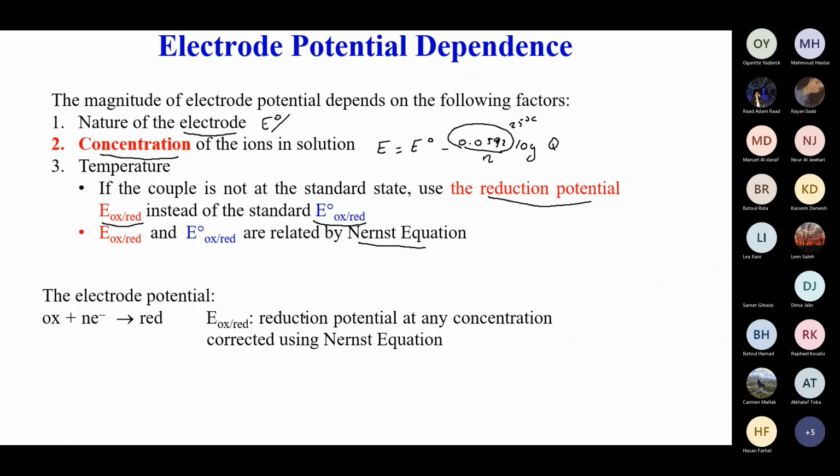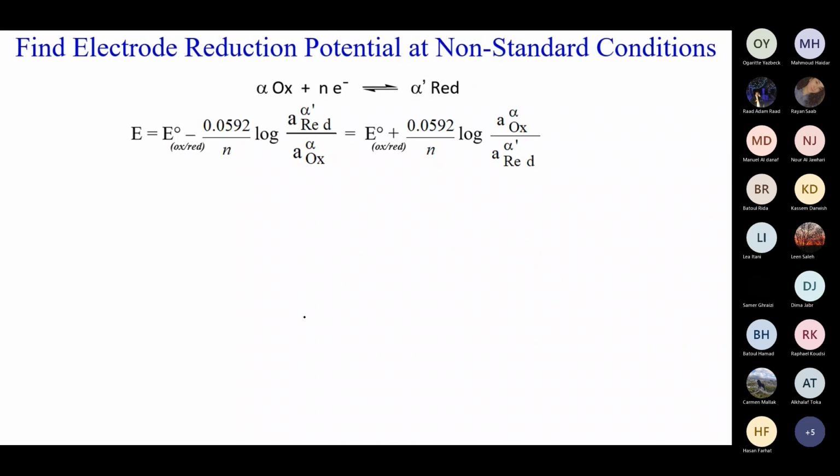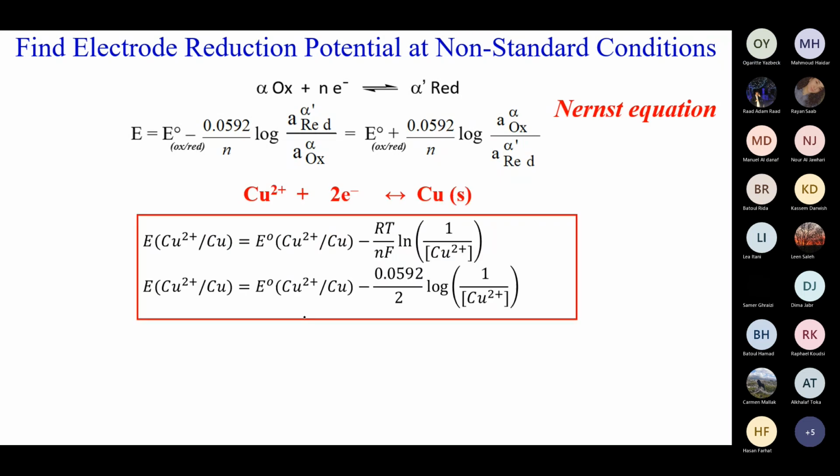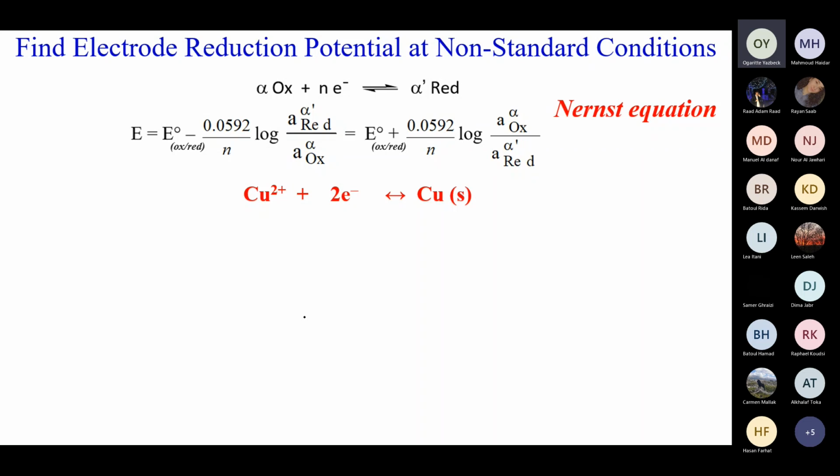Okay. Find the electrode reduction potential at non-standard conditions. Let's go ahead and just start with these equations, okay?